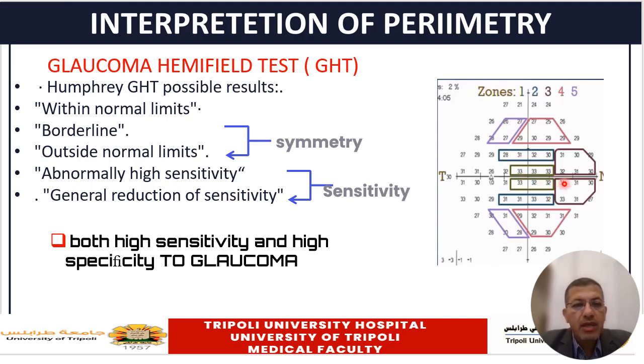So the result can be either borderline or outside the normal limits, or it can be abnormally high sensitivity or general reduction in sensitivity. We compare this data with the age-matched normals, and we come to the conclusion that this is either a normal glaucoma hemifield test or outside the normal limits. So it is very important and useful to look for it because it has high sensitivity and high specificity for glaucoma.